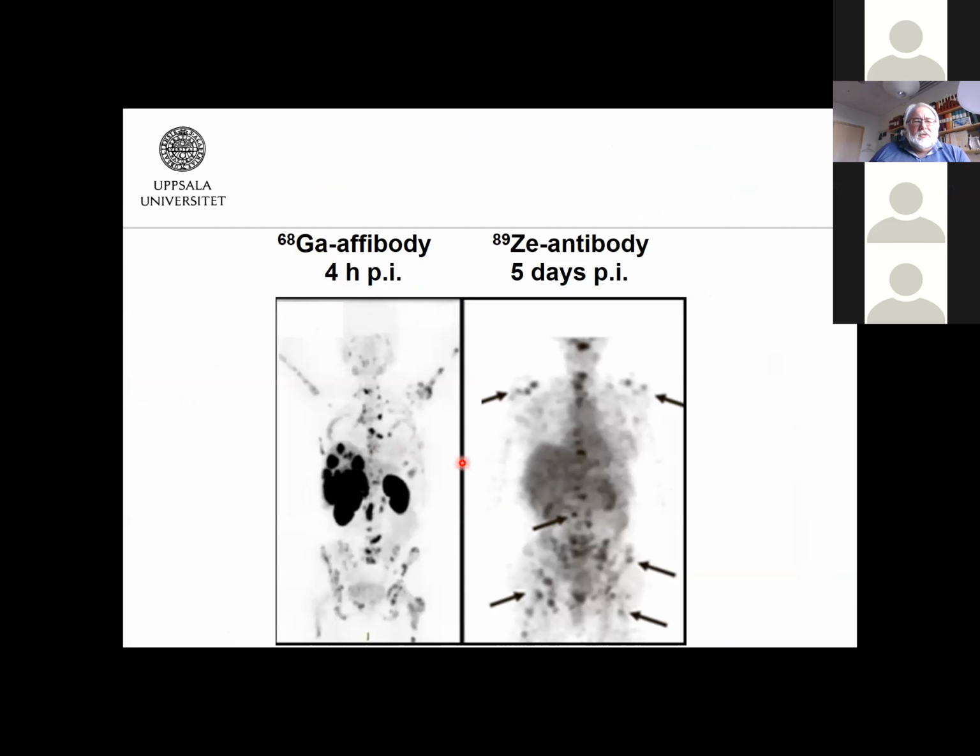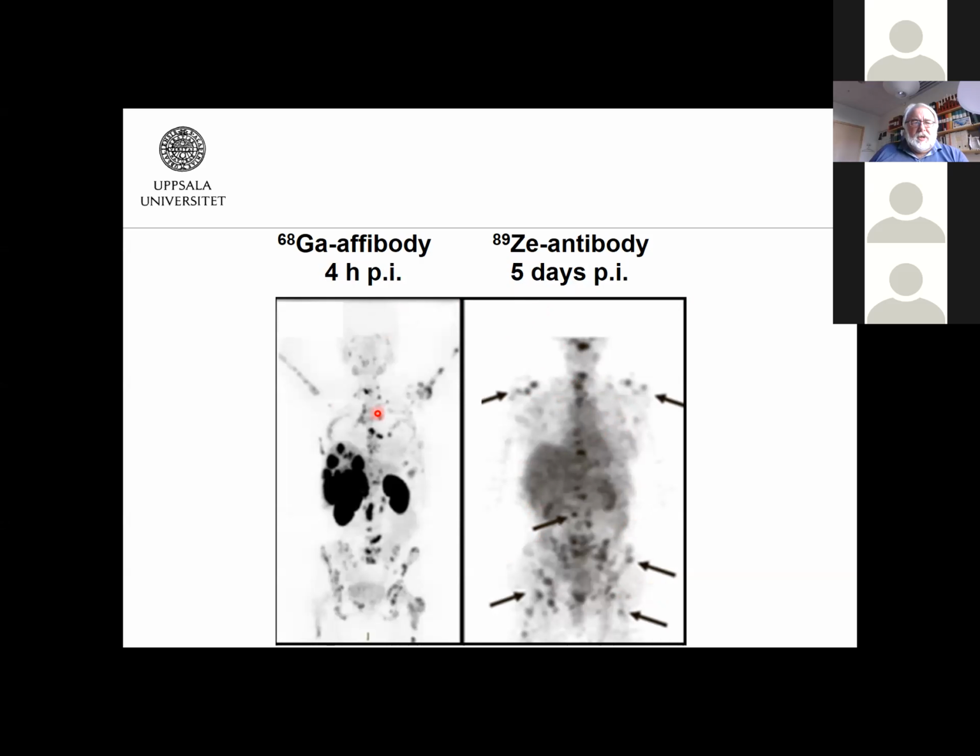So we managed to get a good and high contrast imaging. You could here compare clinical imaging using antibody molecules and antibodies. And here is zirconium, it's a mistake. Zirconium labeled antibody which was used for visualization of HER2 expression 5 days after injection.